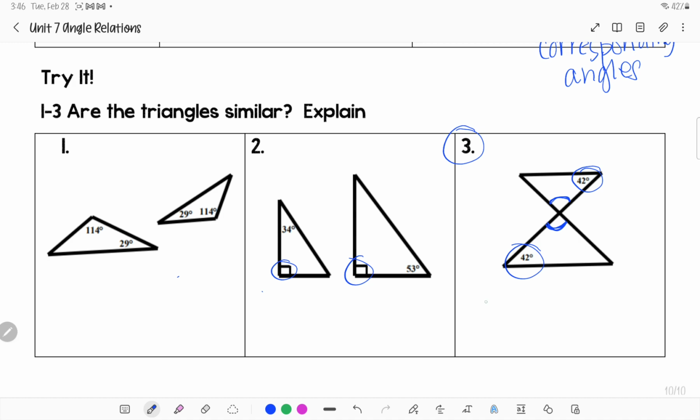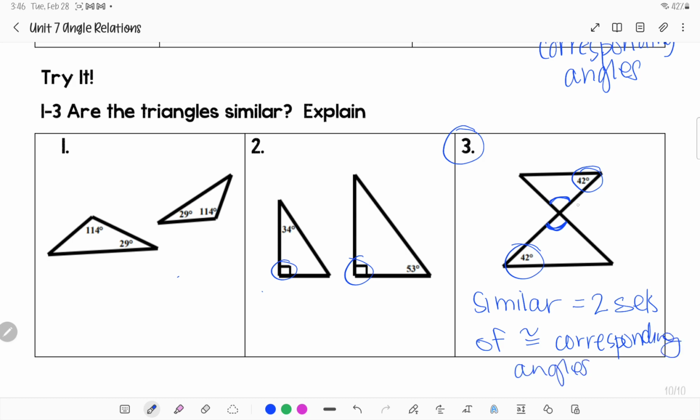So we have two pairs so similar. Two sets of congruent corresponding angles. Again, vertical angles. So we know those are the same. And then 42 and 42.